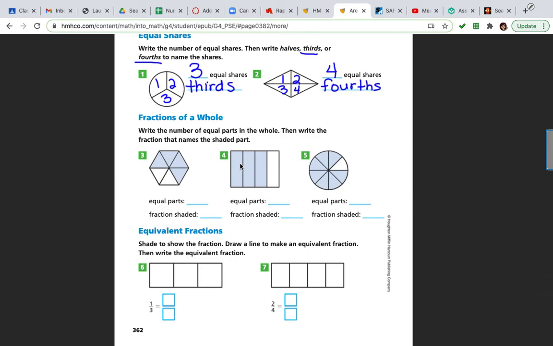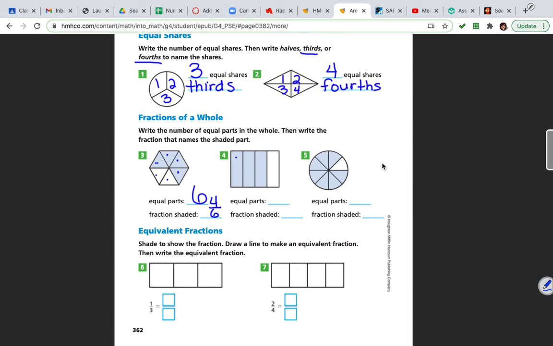So we want to count the pieces, and then we're going to count how many are shaded. So we have 1, 2, 3, 4, 5, 6. There's 6 equal parts. And then we have 1, 2, 3, 4 pieces shaded. So it's 4/6 shaded.